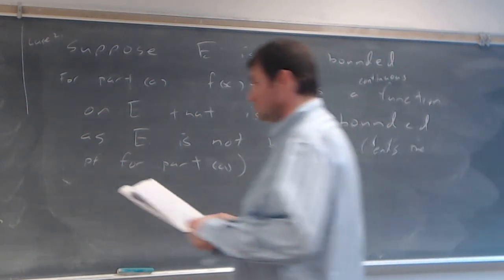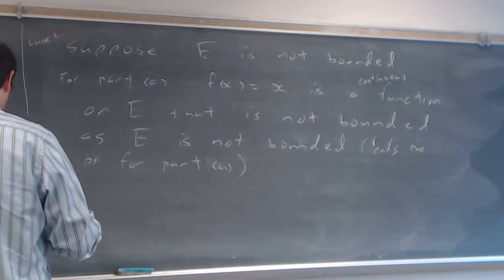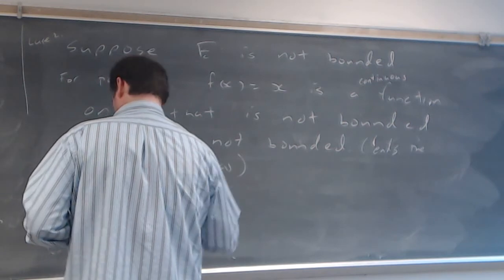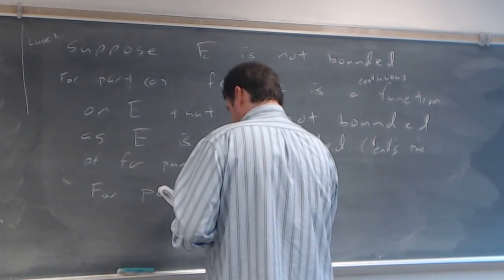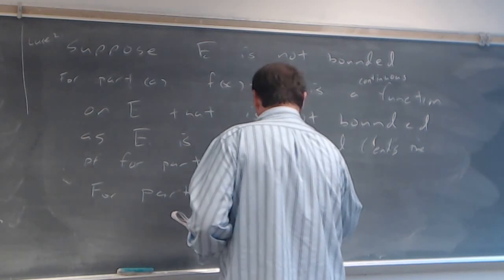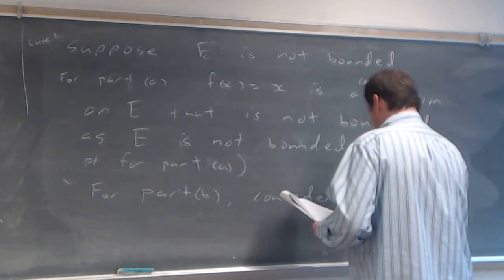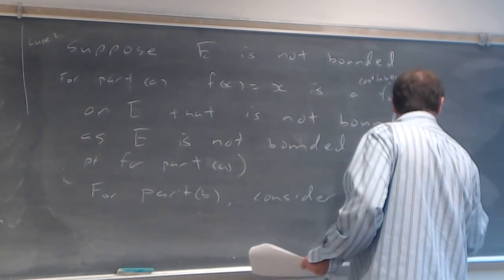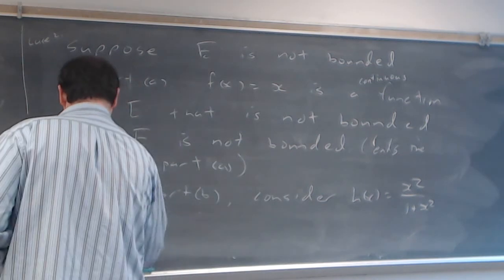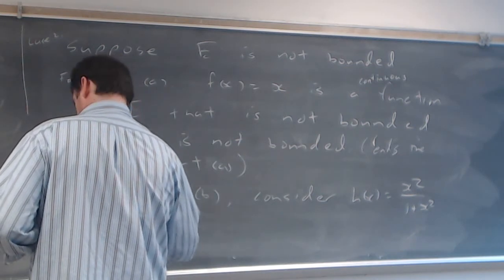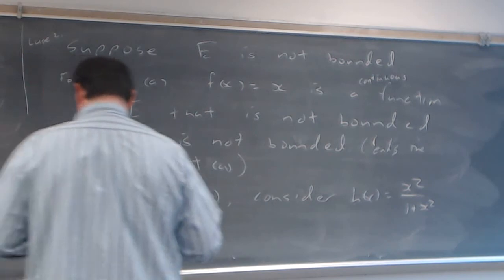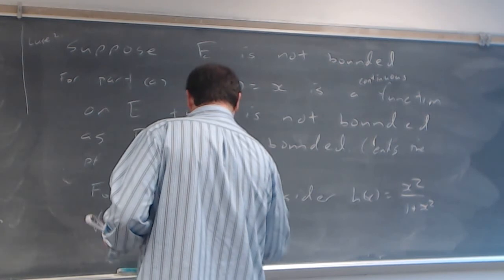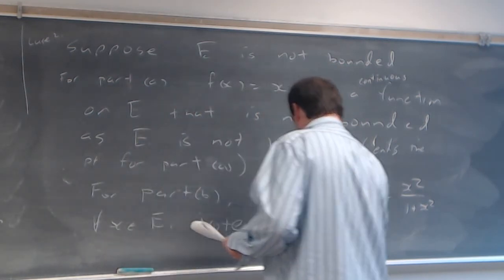Now for part B, in this last case that we need to consider, with E being not bounded, consider this function. h of x is equal to x squared over 1 plus x squared, for every x in E. Very quickly, let's make a simple observation. 0 is less than 1.